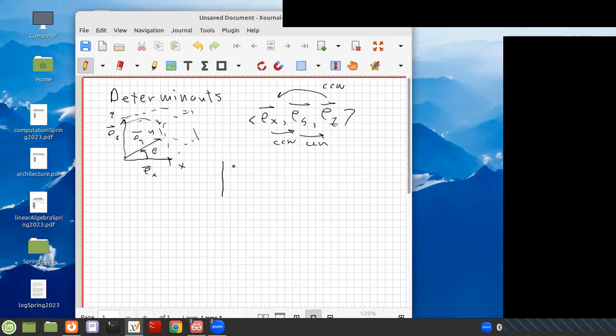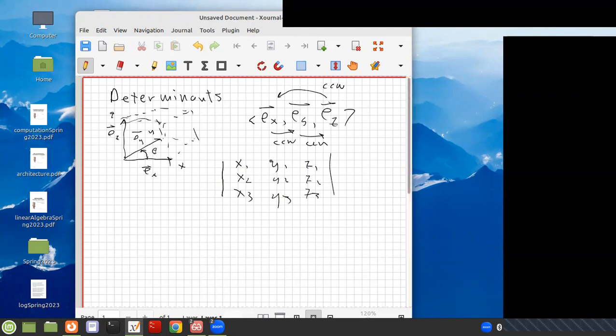Like if these were column vectors, then you'd have x1, x2, x3, y1, y2, y3, and z1, z2, z3.